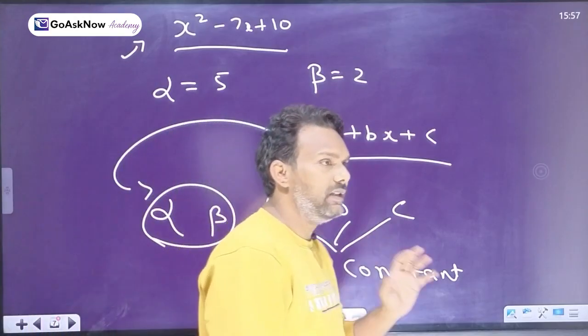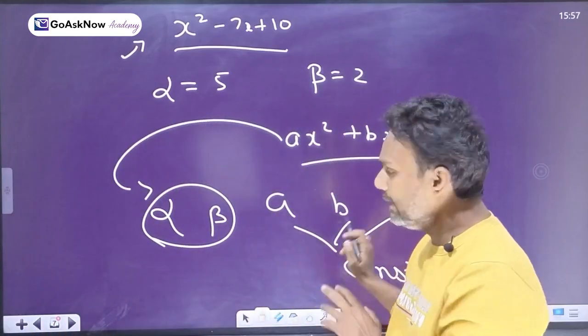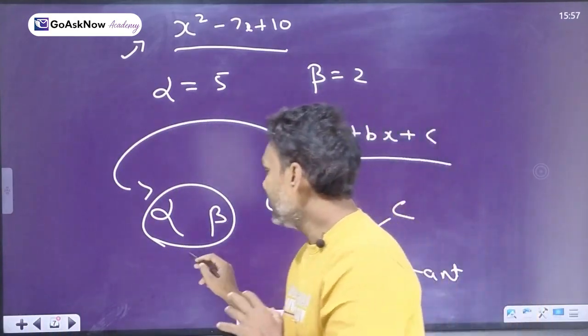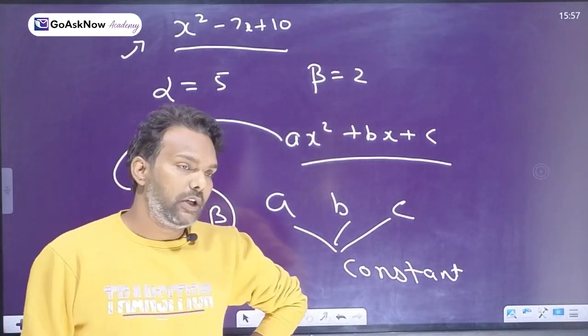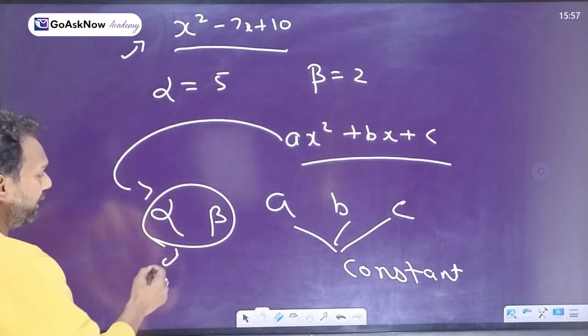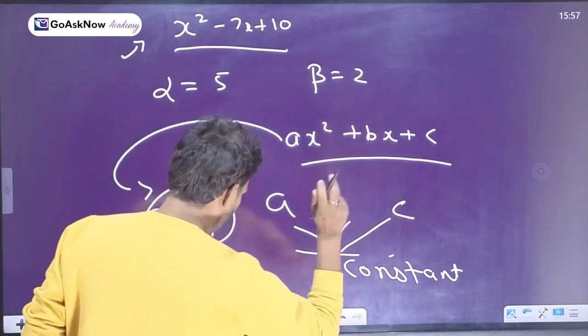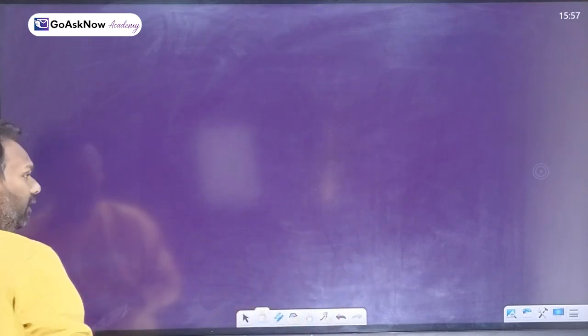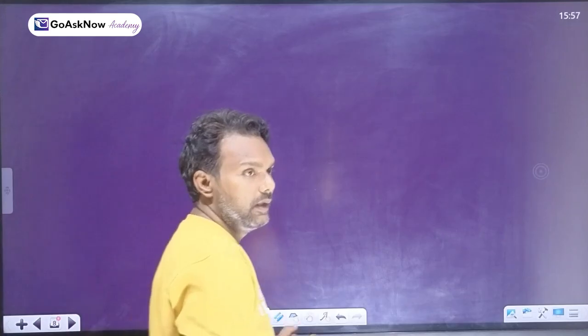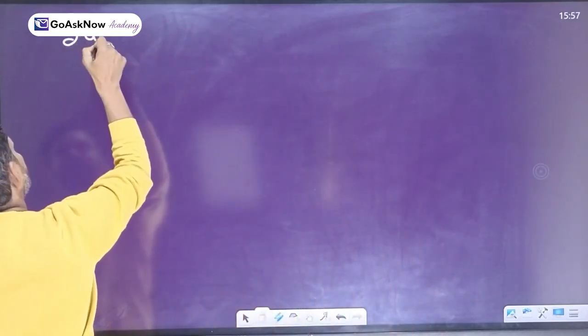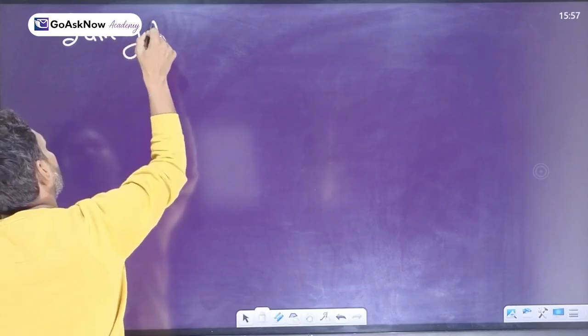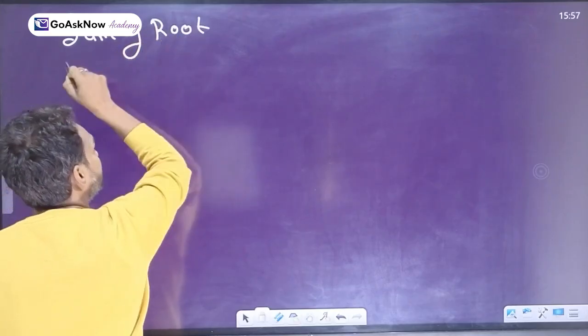Now you have to just focus on a, b, c which are constants and alpha and beta which are roots. Okay. Now we will find out the relationship between this and this. So the next term which we have to focus on is the sum of roots.